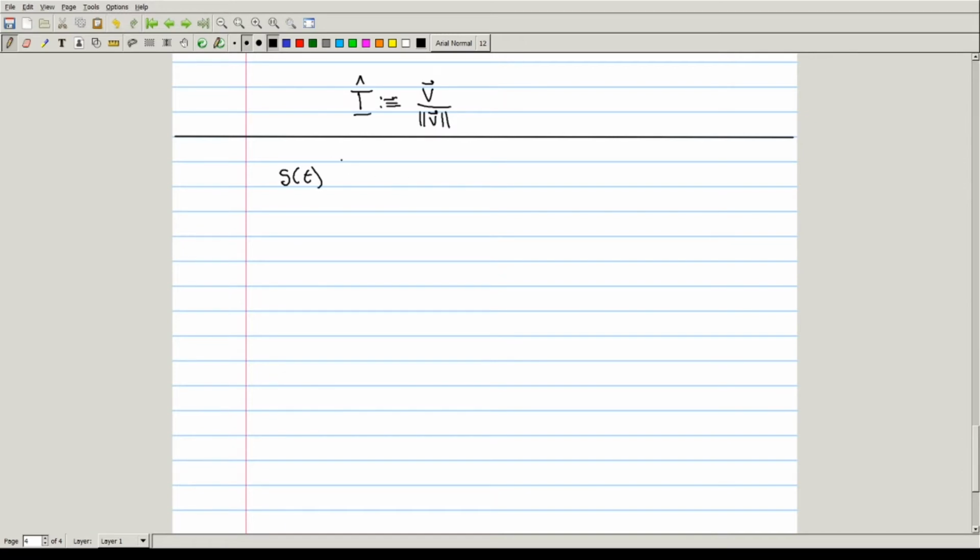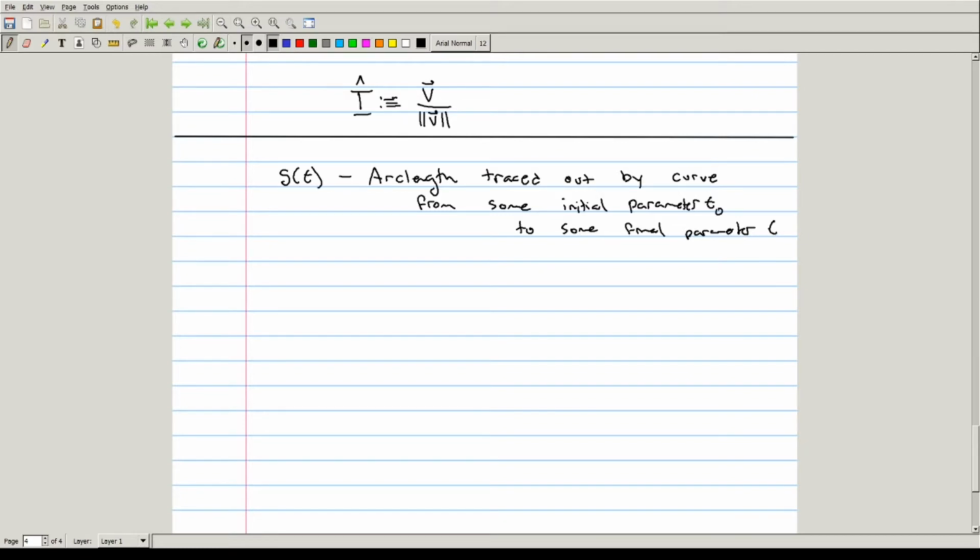We'll say s of t will denote arc length traced out by a curve from some initial time, which very often could be 0, or not time, but parameter value, we'll say, because the parameter doesn't necessarily have to be time, to some final parameter value t.